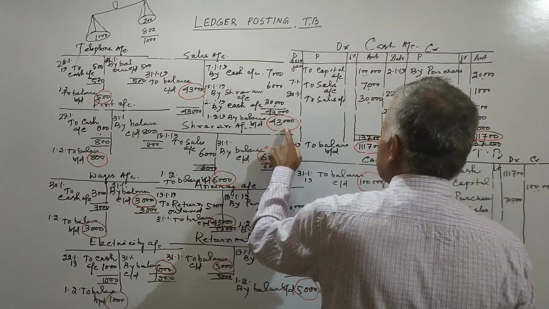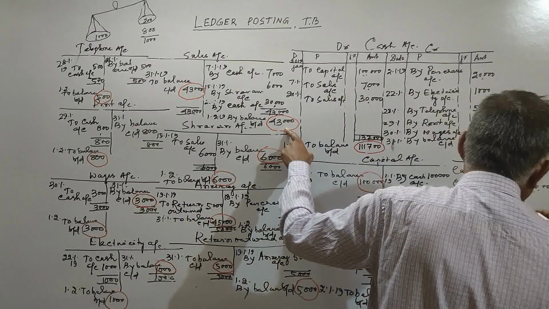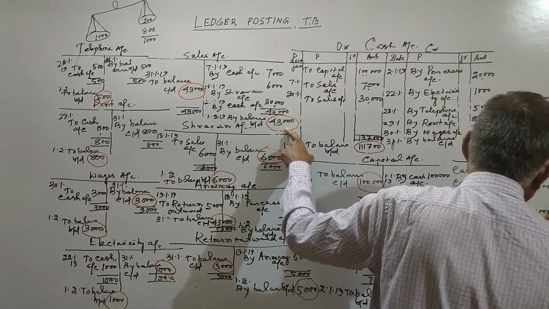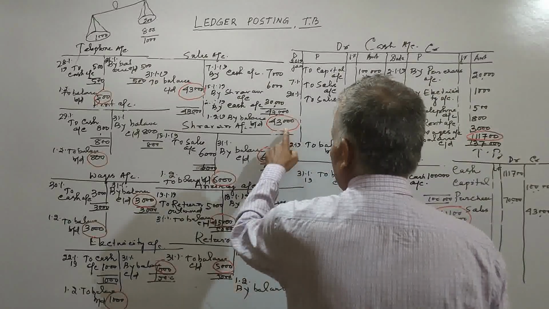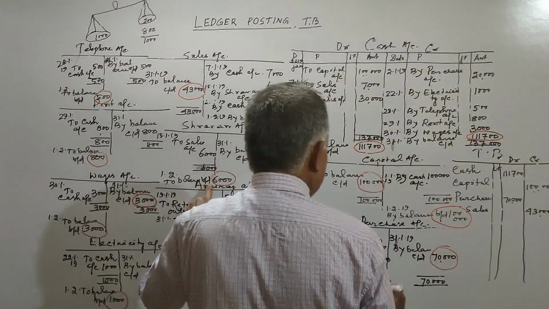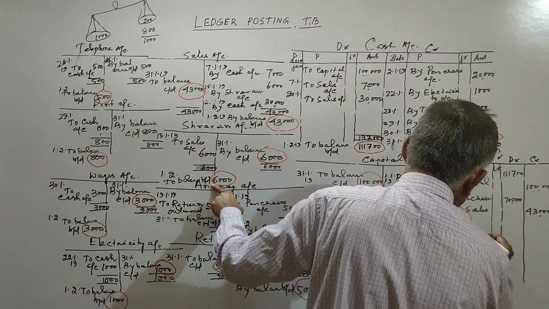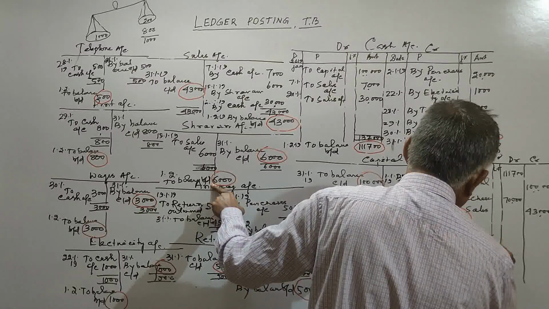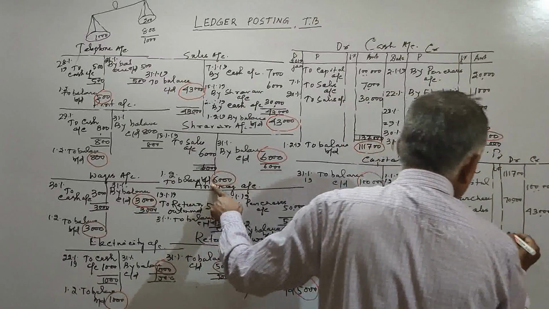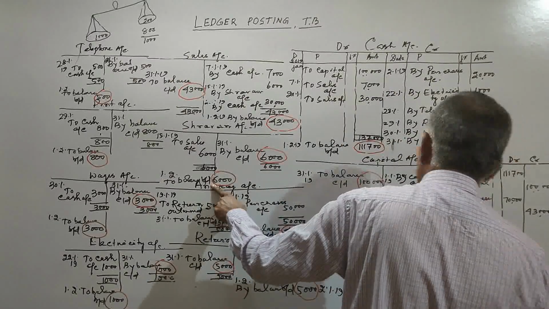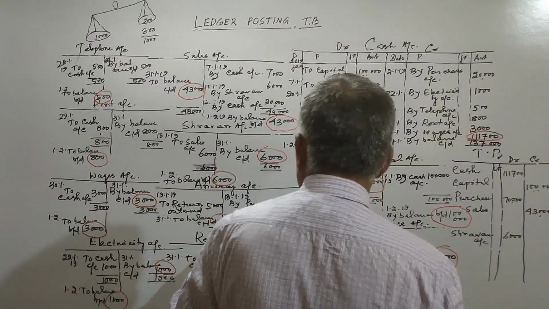Then we will come to sales credit. Sales, this is 43,000, you have to take only the BD brought down. Shravan, it is debit, Shravan account, this is debit by 6,000.